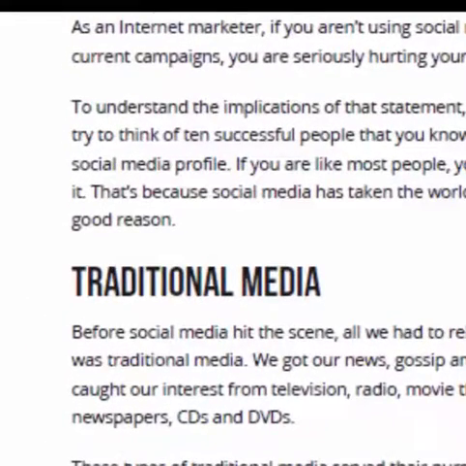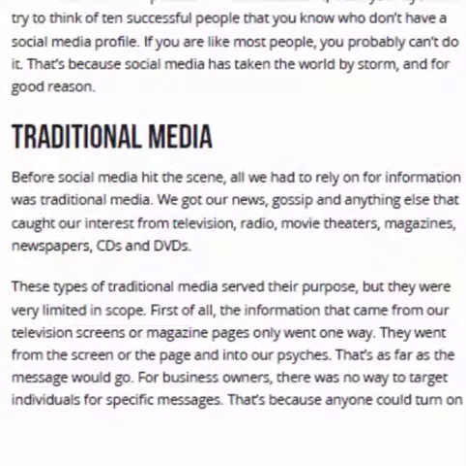Traditional media. Before social media hit the scene, all we had to rely on for information was traditional media. We got our news, gossip, and anything else that caught our interest from television, radio, movie theaters, magazines, newspapers, CDs, and DVDs. These types of traditional media served their purpose, but they were very limited in scope. First of all, the information that came from our television screens or magazine pages only went one way. They went from the screen or the page and into our psyches.